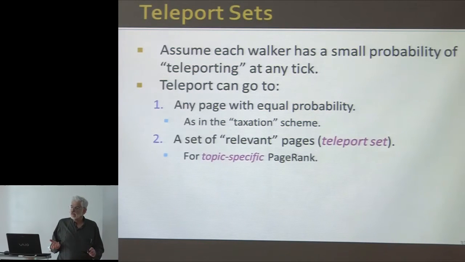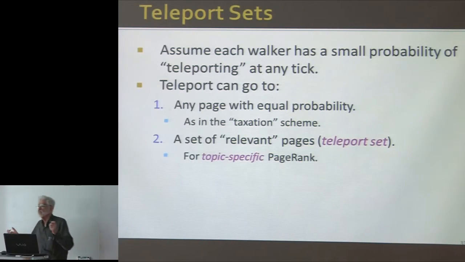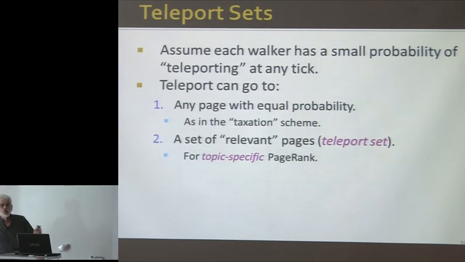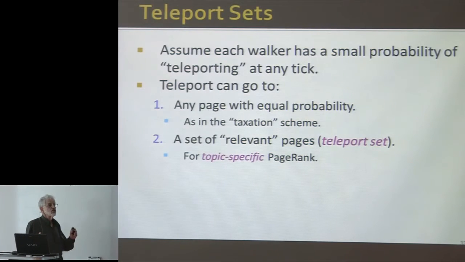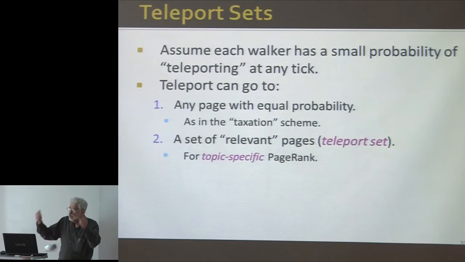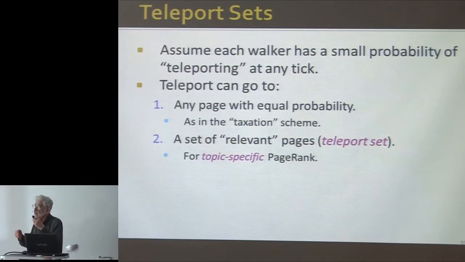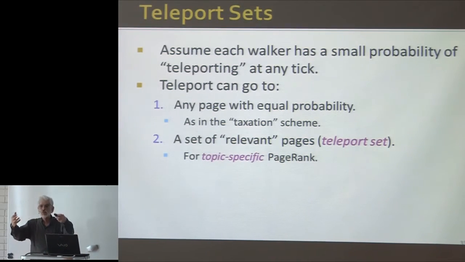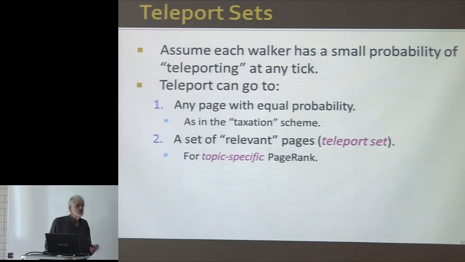But if, for example, I want a PageRank that is specific to sports, I'm going to identify certain pages that are known to be pages about sports, and I will teleport only to those pages. So this is going to force the walkers to land frequently on a sports page.